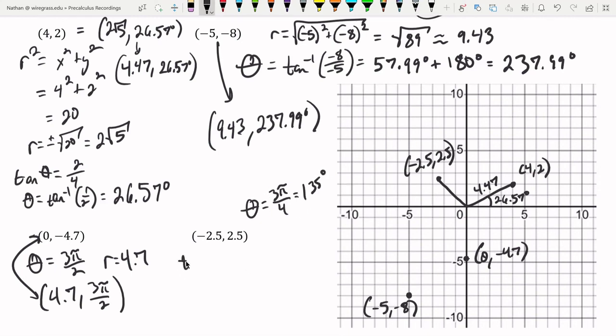Okay, so tangent inverse, that's what theta equals, of y over x. Y is 2.5. X is -2.5. Plug that into a calculator. That's going to give us -45 degrees. -45 degrees is along this line here.